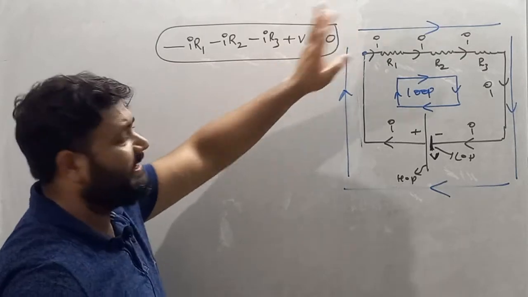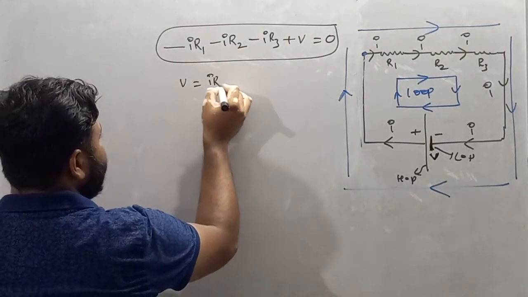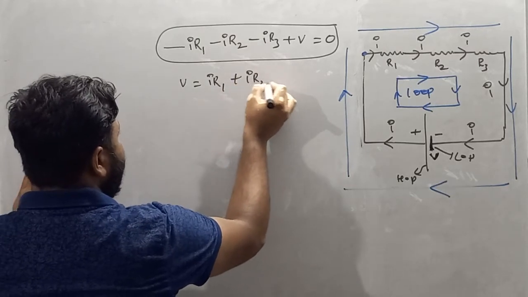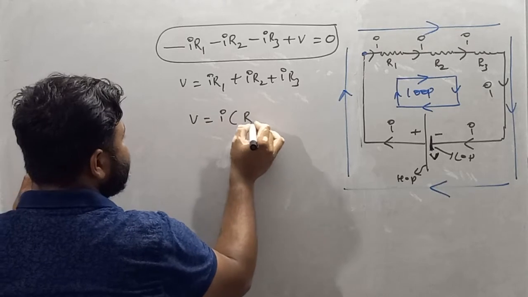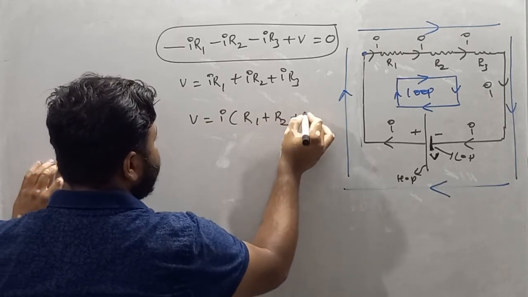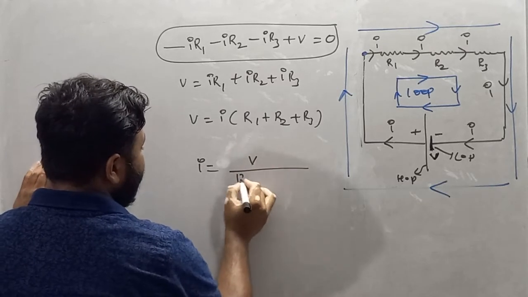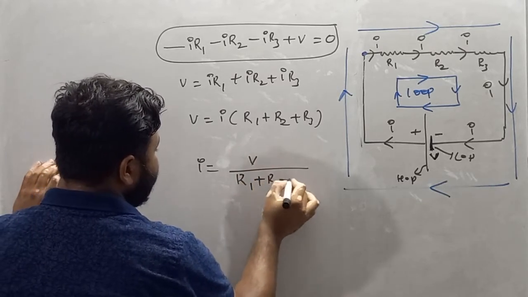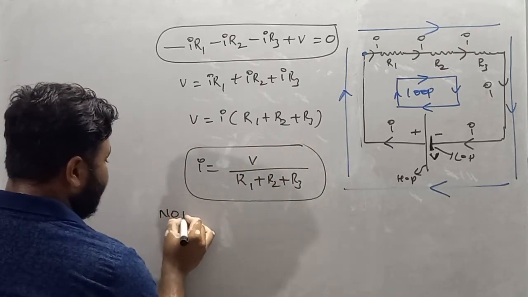Taking the negative terms to the other side, V equals IR1 plus IR2 plus IR3. Taking I common, I times R1 plus R2 plus R3. So the value of I is V divided by R1 plus R2 plus R3. Remember this, my dear student, I'll write it in the form of a note.